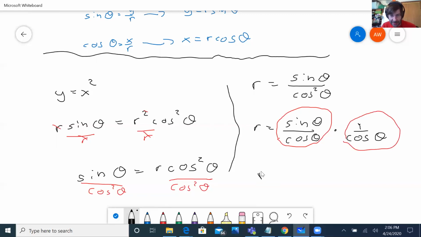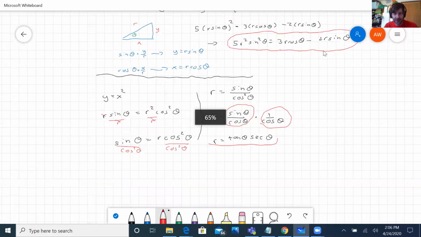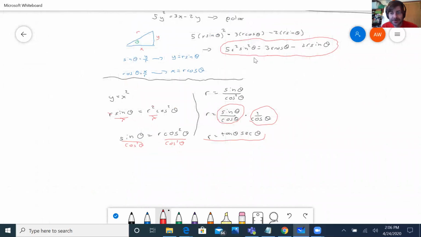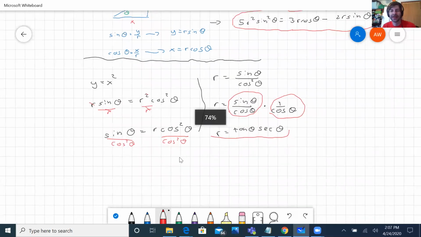And I can write this as r equals the tangent of theta times the secant of theta. If we can solve these things for r, we'd really like to do that. This one actually was kind of a goofy example because it's not going to get very nice. But this one is a nice identity, and so we might as well go ahead and solve it.